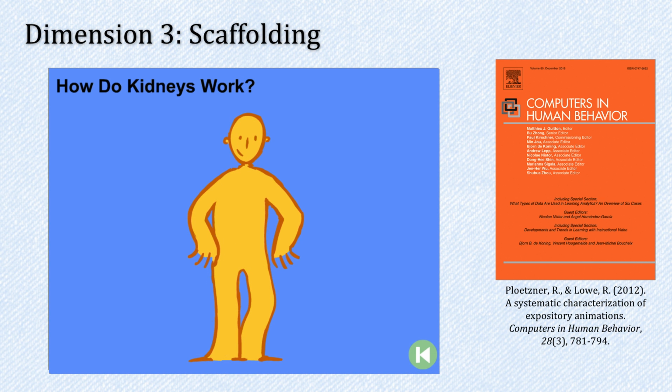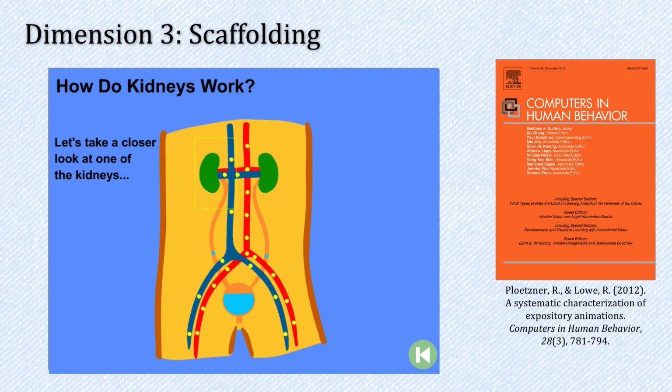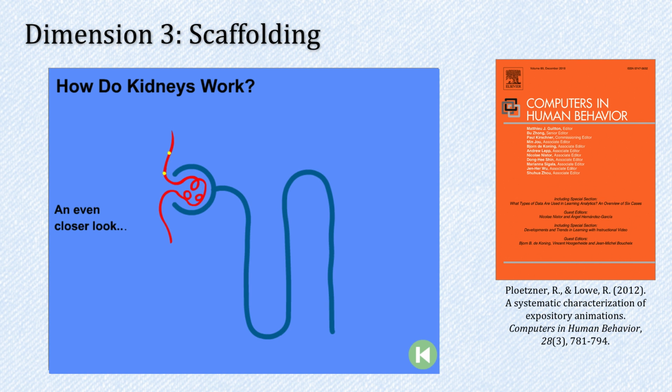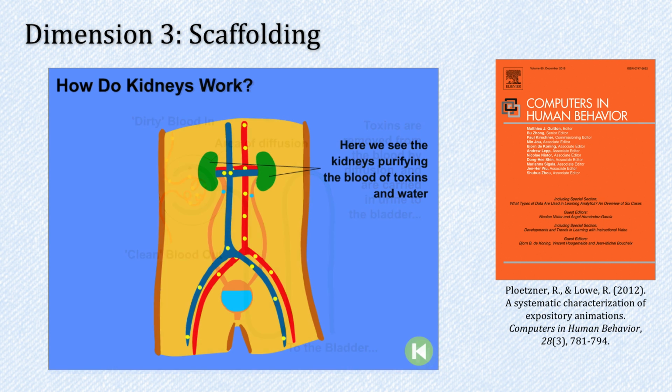This is an animation about how kidneys work, and you can see here that they have segmented the animation into discrete portions. We slowly zoom in, but there is a lot of cueing. There's arrows, labeling information, and describing what specific visual aspects of the animation are designed to represent. That is all examples of scaffolding.